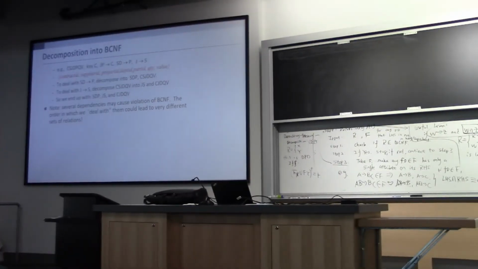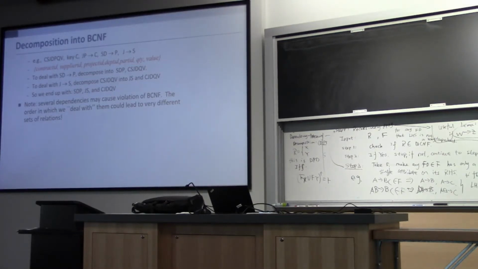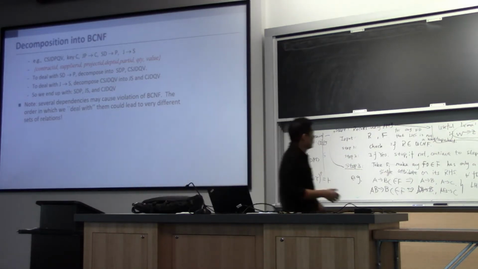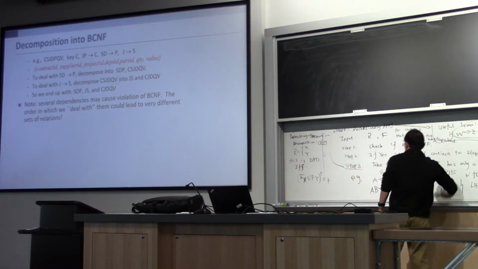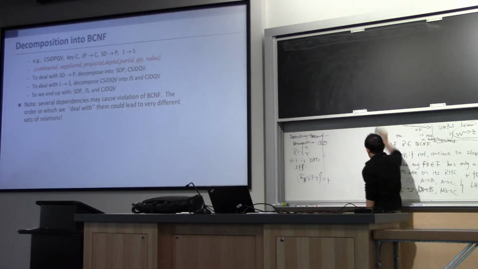You have contract ID, supplier ID, product ID, department ID, part ID, quantity, and value, which tells you under this contract, this department will order this part from this supplier for this much quantity, for this much value. Okay? That's the schema we talked about before. And I have this set of functional dependencies to start with. You follow this? Okay, we actually seen this example before, right? So let me apply this algorithm to this schema.